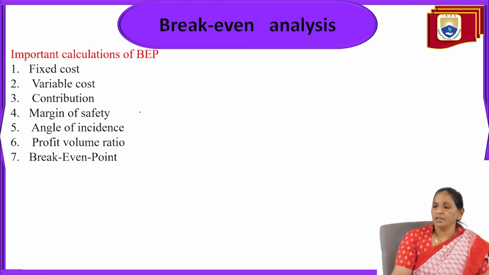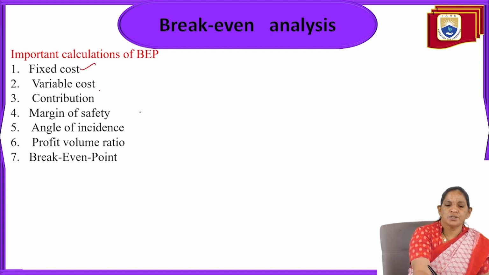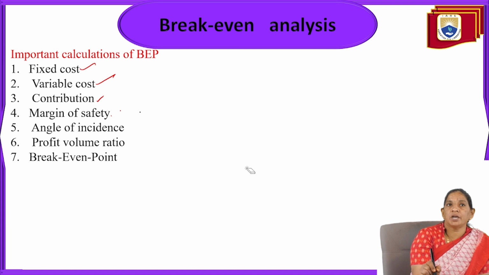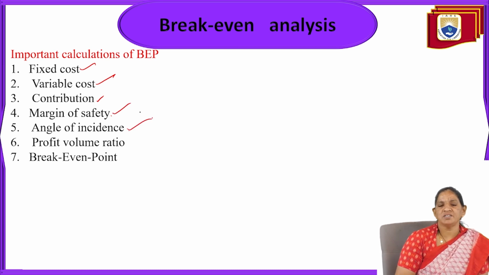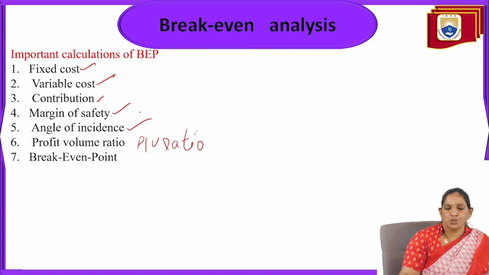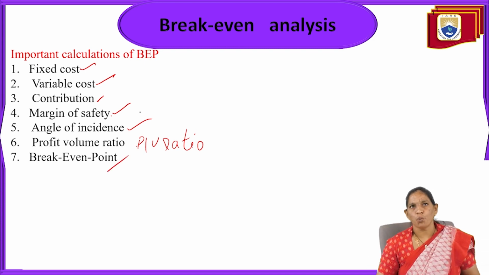The important calculations or assumptions in the case of BEP are fixed cost, variable cost, and contribution. Next is the margin of safety, angle of incidence, PV ratio, that is profit volume ratio, and the BEP point.